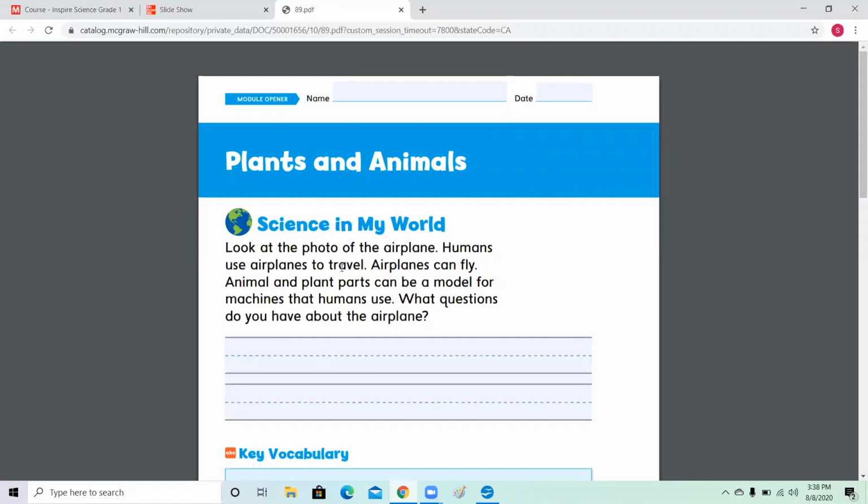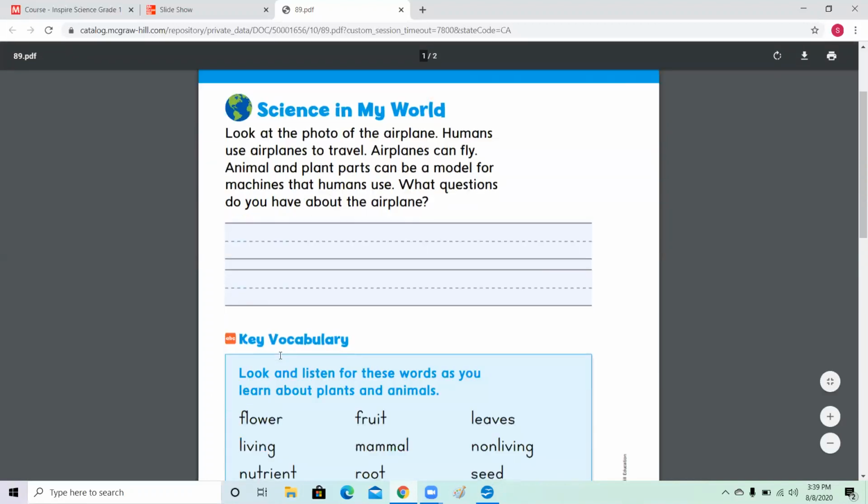Humans use airplanes to travel. Airplanes can fly. Animal and plant parts can be a model for machines that humans use. So scientists looked at the birds and used them as a model and tried to invent a machine that could help them fly and move to different places, same like the birds. We need to ask a question here.